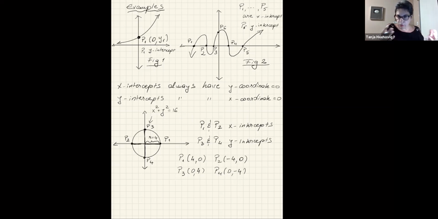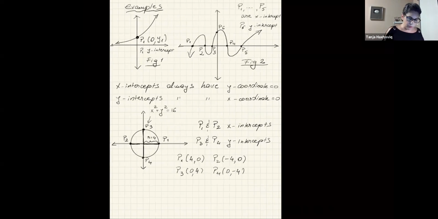In your quest for graphing an equation, knowing beforehand which points will be on the graph certainly helps, and x and y intercepts are such points. So now, let's find the intercepts if no graph is known.